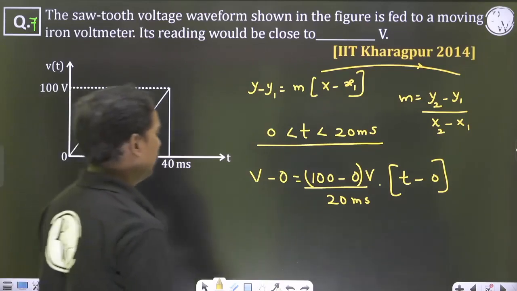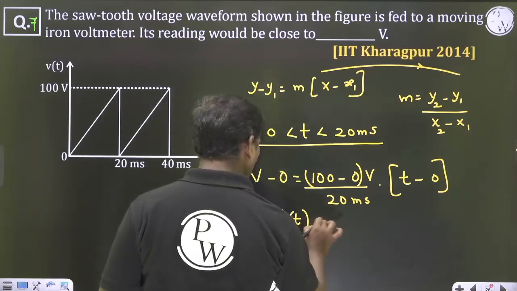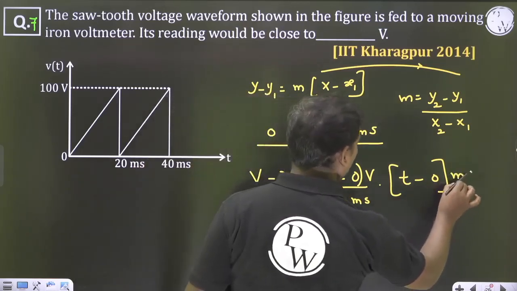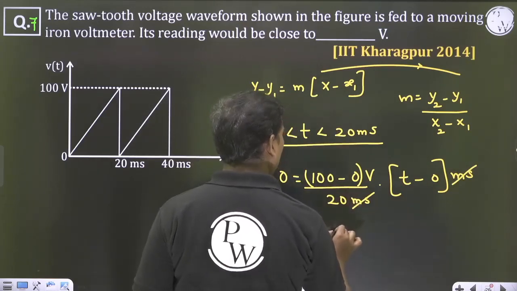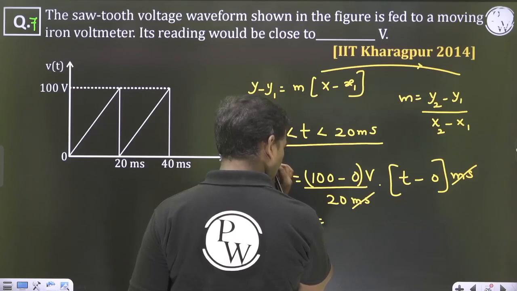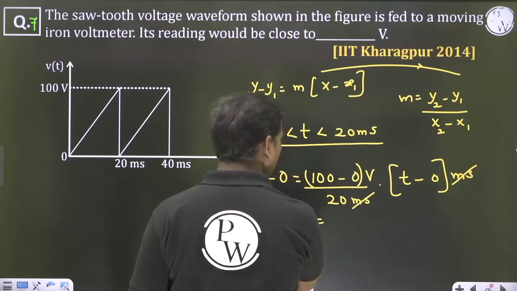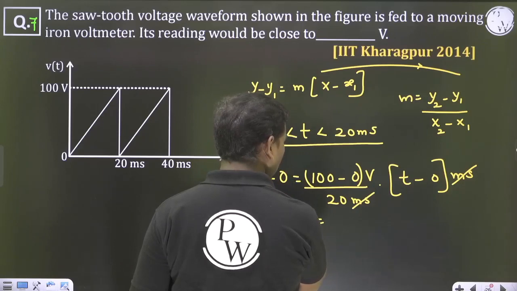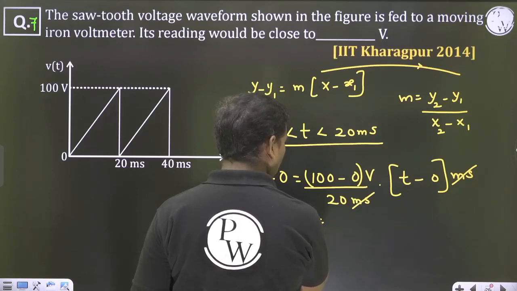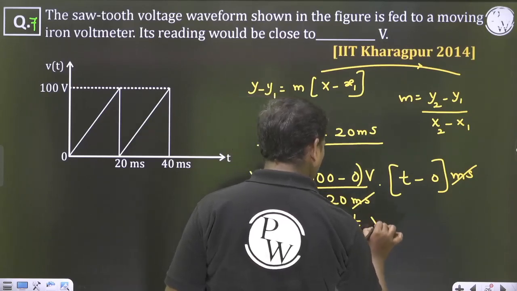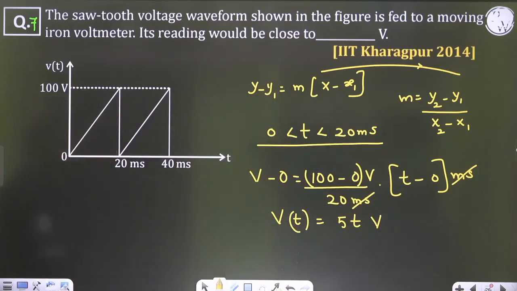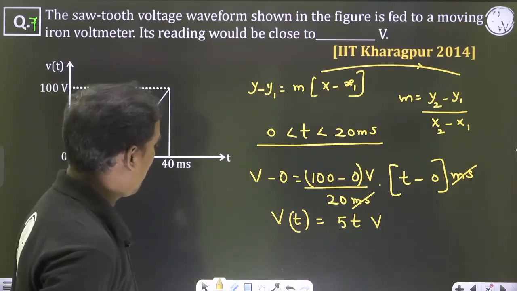So we are getting v of t as 5t volts. Right, a mistake was made. v of t is equal to 5t volts.